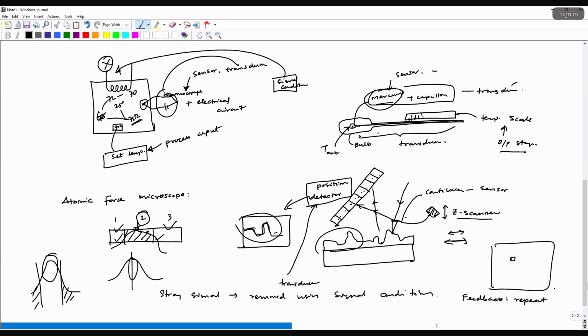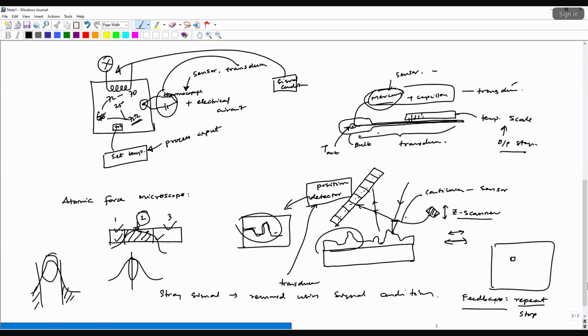Let's say you are not happy with the measurement, or if you are happy, you want to ensure that if you measure once more, you are going to get the same thing. So you can have your feedback system tell the sensor, the cantilever, to repeat the measurement. Or if you are done with the measurement, your feedback can tell the sensor to stop the measurement.